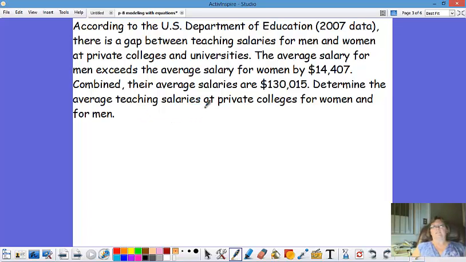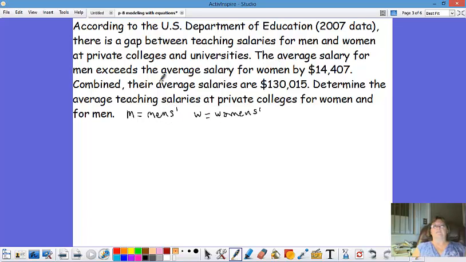The question tells us that we are going to find teaching salaries for men and women, so it might be a good idea to let M equal men's salaries and W equal women's. Then to think about what they told us concerning those salaries.